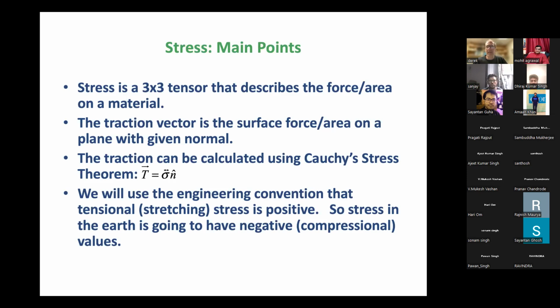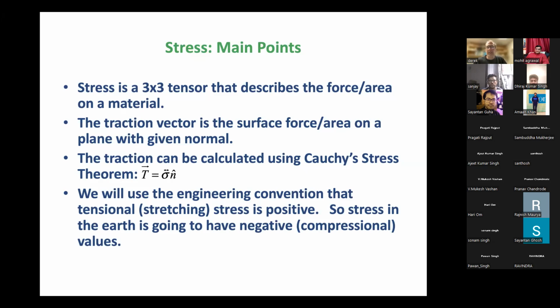The traction can be calculated using Cauchy's stress theorem. So the traction vector equals the stress tensor times the normalized normal vector to whatever plane of interest that you have. And by normalized, I mean the normal vector has to have a length of 1, so you need to normalize that.